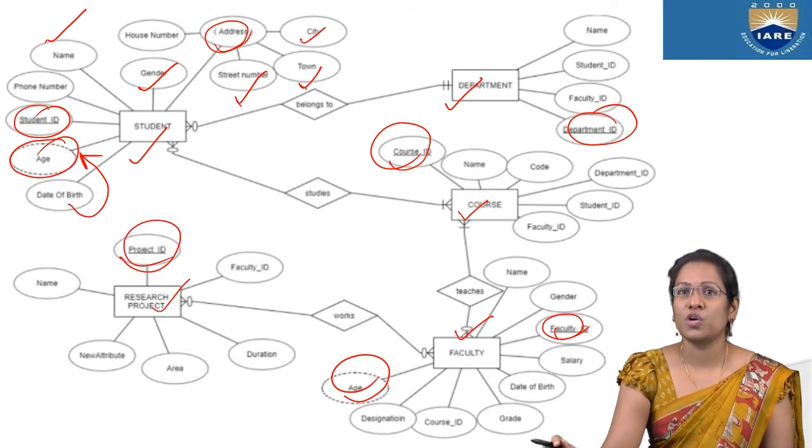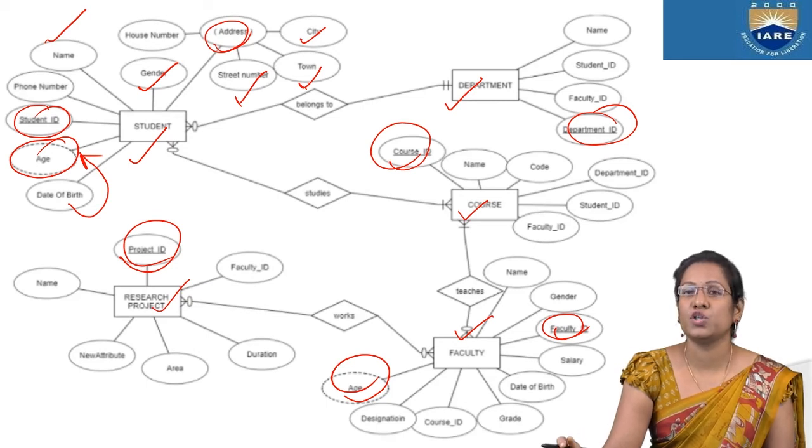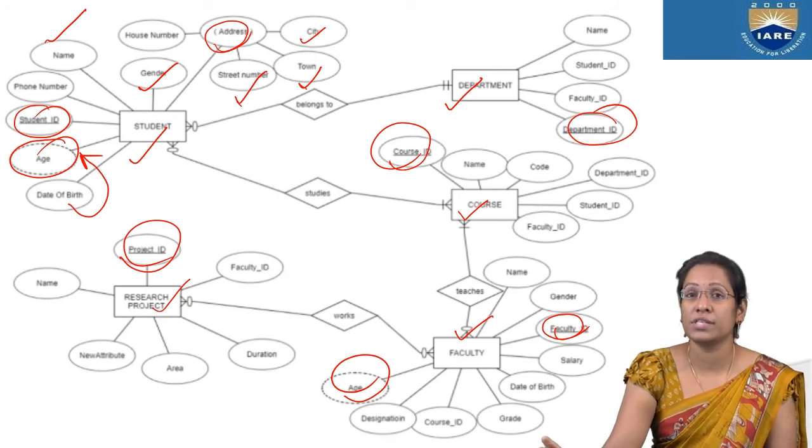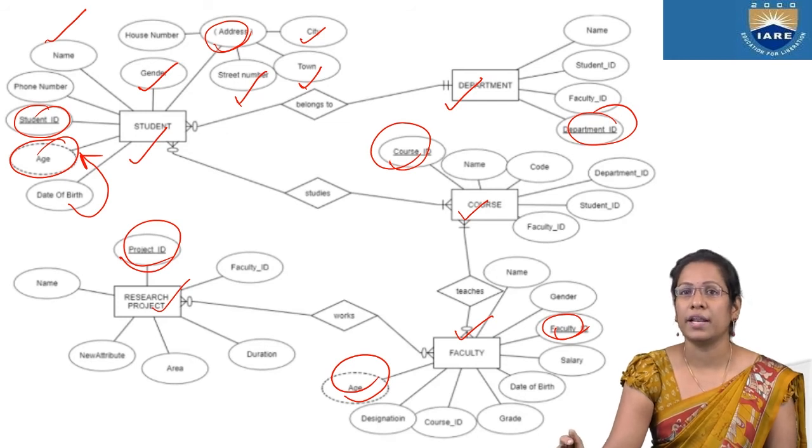So here you need to observe that for each and every entity there should be a key attribute. It is a must. Without a key attribute, we cannot maintain a flexible database, because the key attribute maintains the database uniquely by using these IDs. Based on these key attributes, we can convert from the ER model to the relational model.